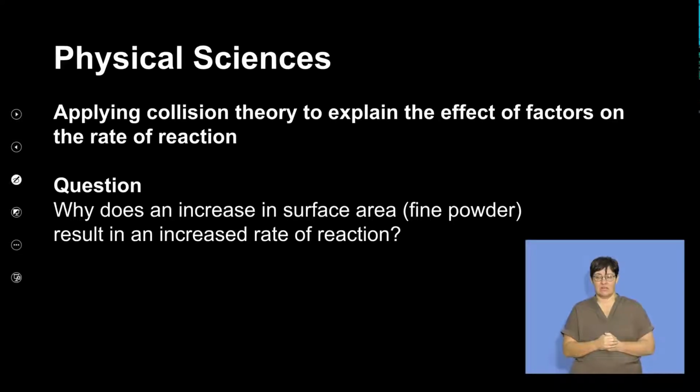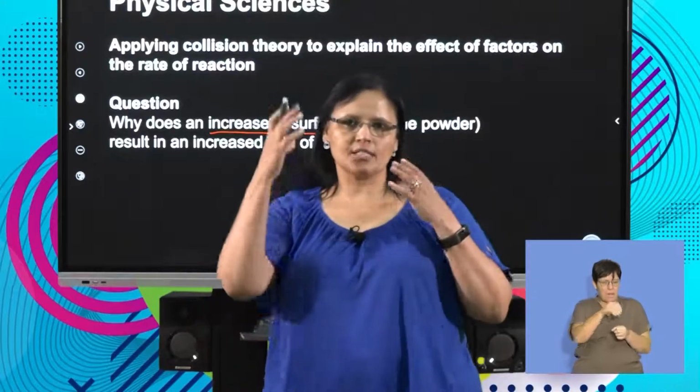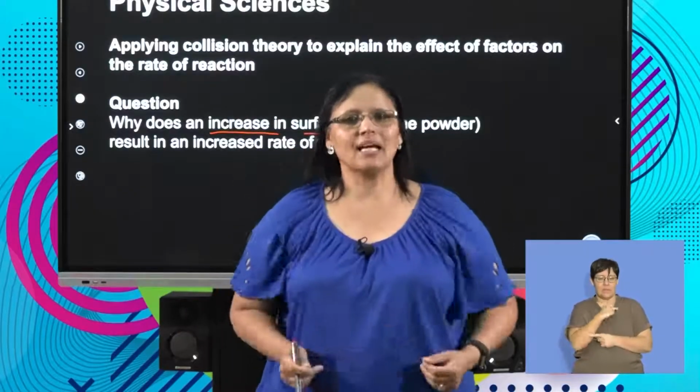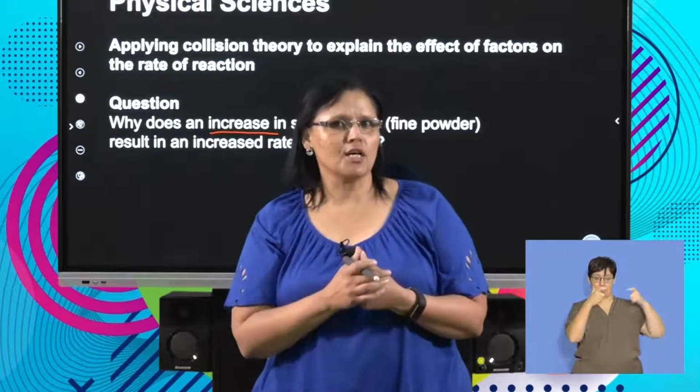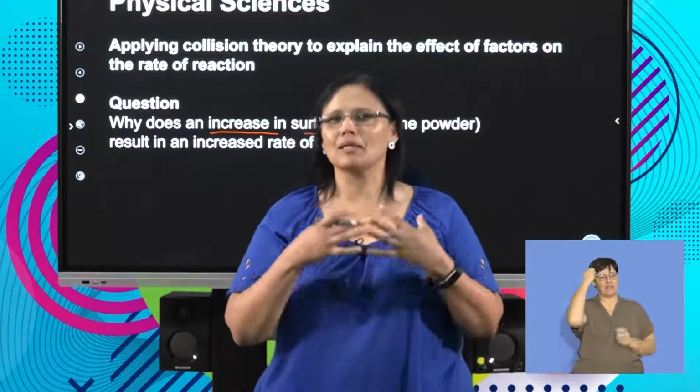The next factor that I would like us to look at, or the next question that we have coming up, is why does an increase in surface area increase the rate? Now, when we talk about surface area, I want us to know that surface area plays with the brain a little bit. So when we talk about a big surface area, we always think about something big.